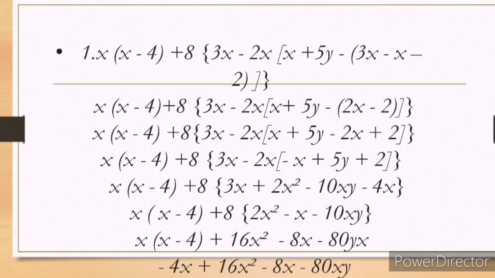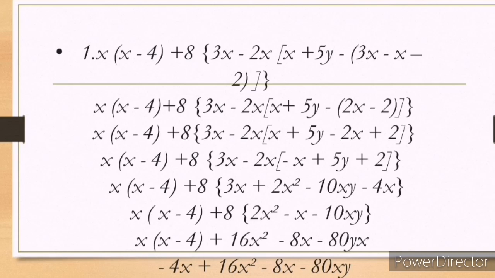copy the negative 2. x quantity x minus 4 quantity plus 8 quantity 3x minus 2x quantity x plus 5y minus 2x plus 2. We eliminate the parentheses inside the square bracket.